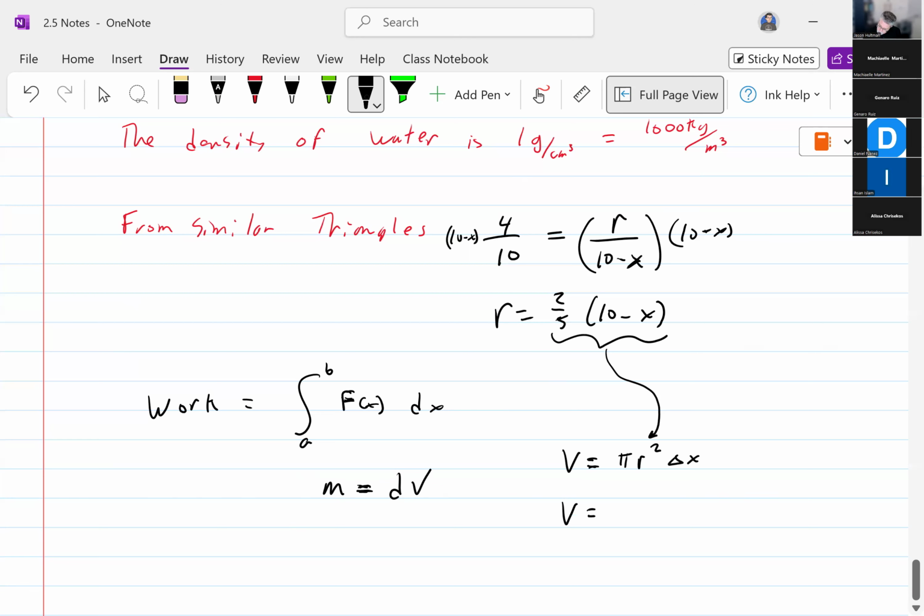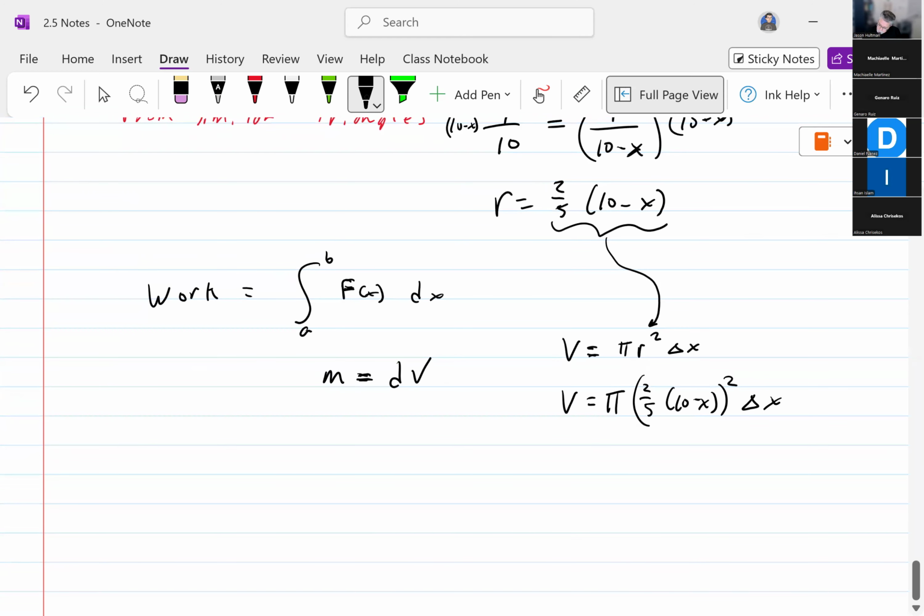The volume is equal to pi times 2/5 times 10 minus x, squared, delta x.